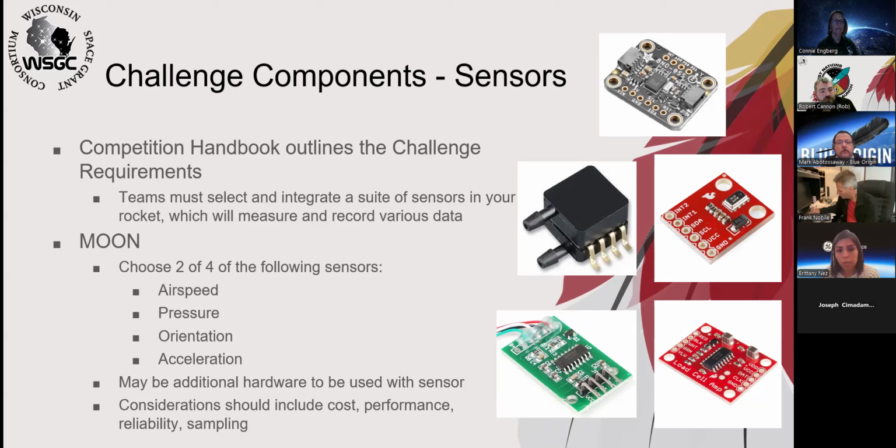One note that I've been getting from teams is that the BMP-085 pressure sensor is no longer available, so you'll have to look into another alternative pressure sensor to use. I just want to note that since a few teams have reached out to me about that. And same things, you should be considering the cost, performance, reliability, and sampling of your sensor choices.